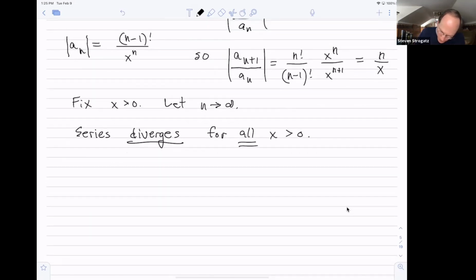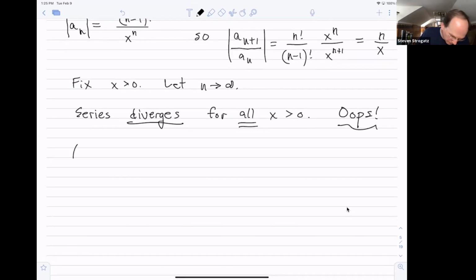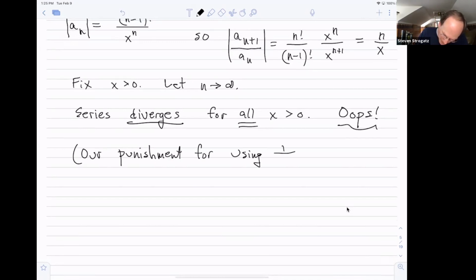Now, from a traditional point of view, you might feel like, oops, I've just made some kind of problem. And we're not surprised that we're getting punished, if you want to think of it as punishment, though it's not really. It's kind of our punishment for, as I already telegraphed, using this expansion in a region where it's not valid, outside the radius of convergence.